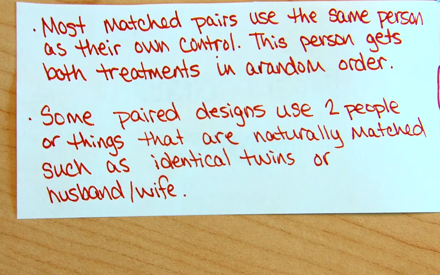So it must be some natural type of pairing if you're going to pair two different people. Questions so far? We're going to look at some examples of this, but so far questions?